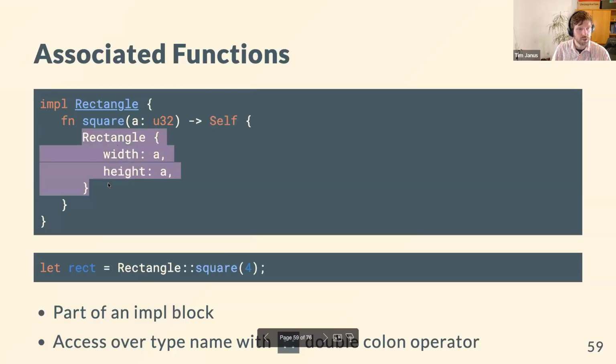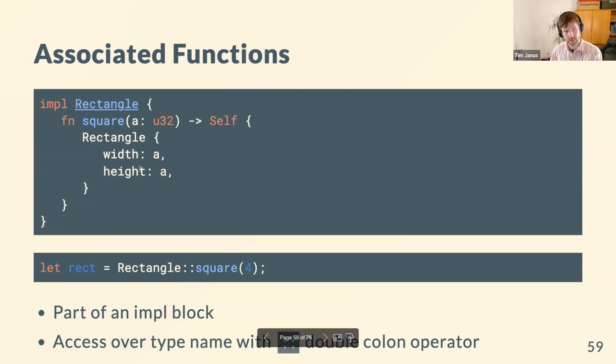And then we just create a rectangle with both width and height a. And if you want to call it, you use the double colon operator. And all these functions need to be part of an impl block for the Rectangle.